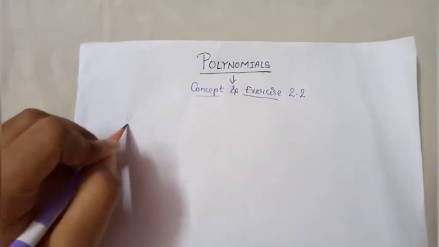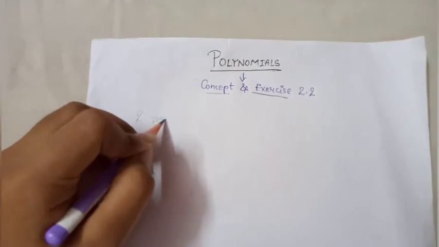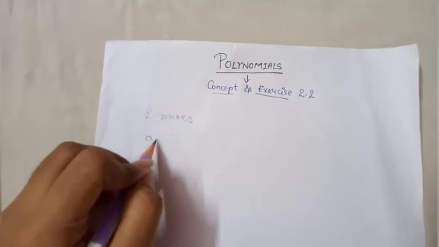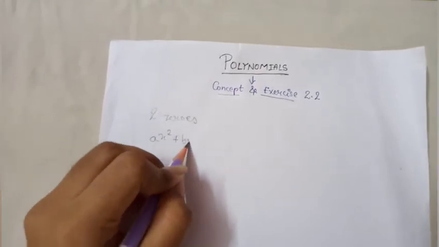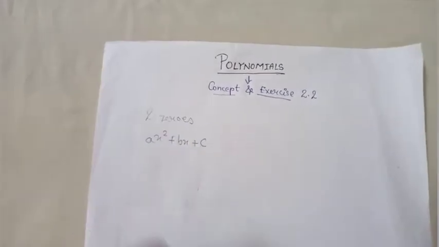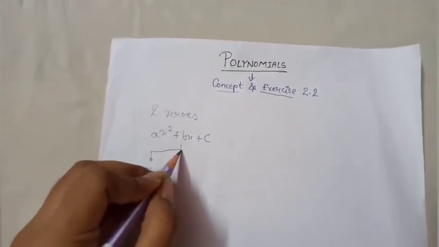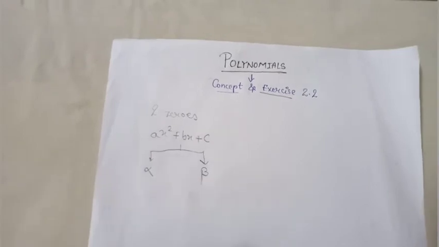It is that a quadratic polynomial has two zeros, and a quadratic polynomial is of the form ax square plus bx plus c. So we'll name one zero as alpha and another zero as beta.